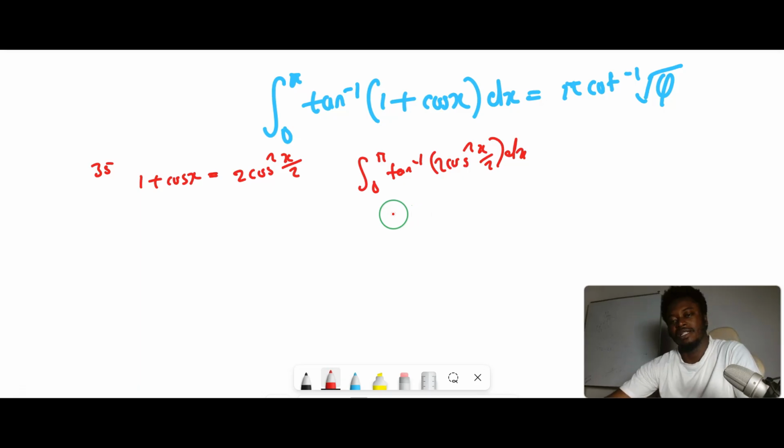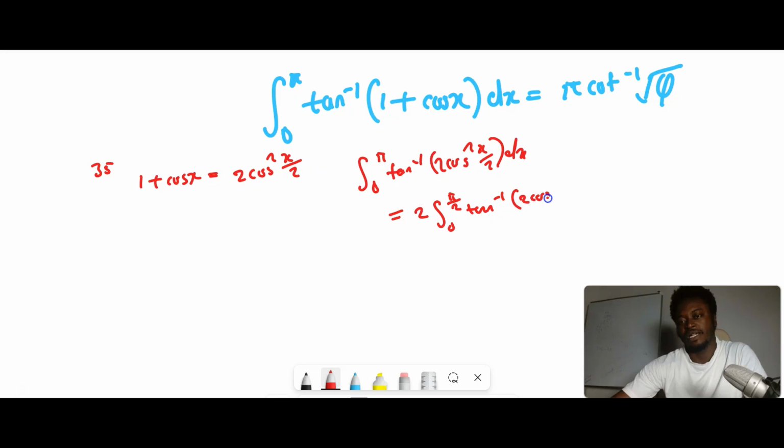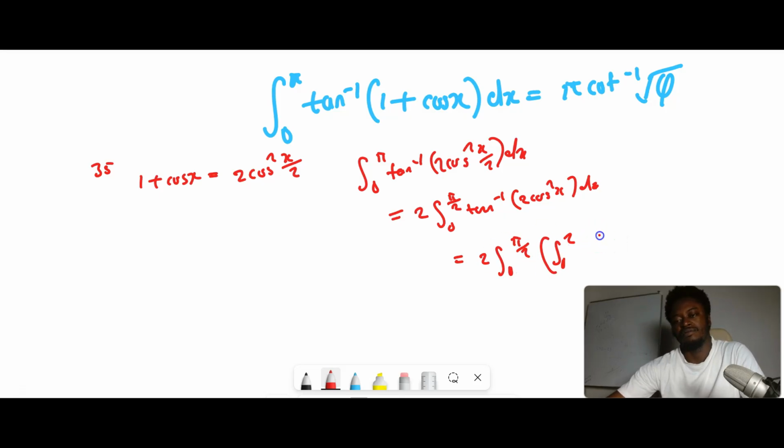Then this is twice the integral from 0 to pi over 2 of tan inverse of 2 cosine squared x, and we turned this into the integral from 0 to pi over 2 times the integral from 0 to 2 of cosine squared x all divided by 1 plus t squared cosine to the fourth power of x dt dx.